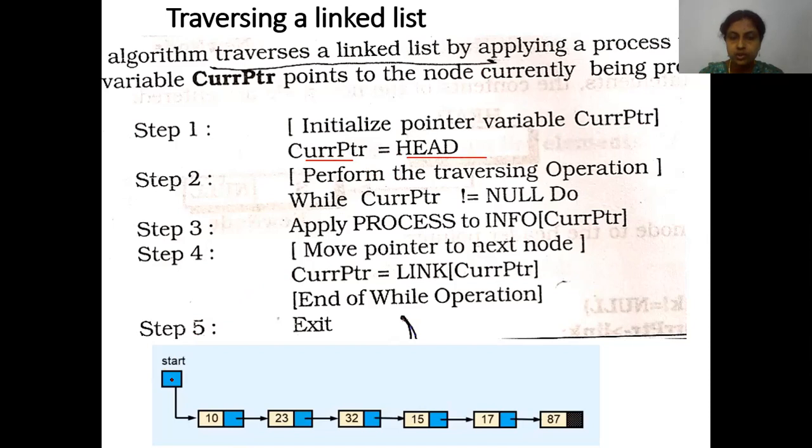Whatever value is inside the head, the first location's value, needs to be stored inside the current pointer. So that is the first step. Next, until the current pointer is not equal to null.